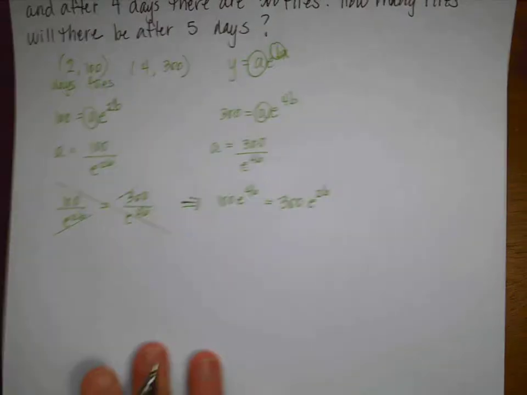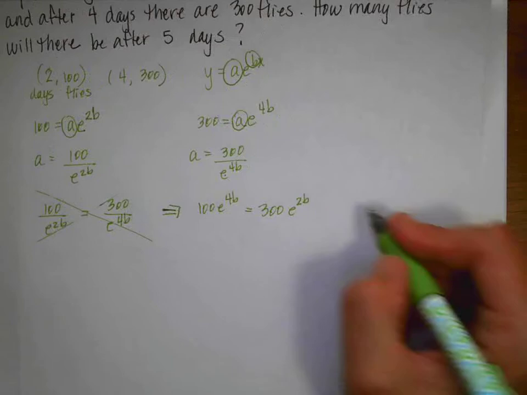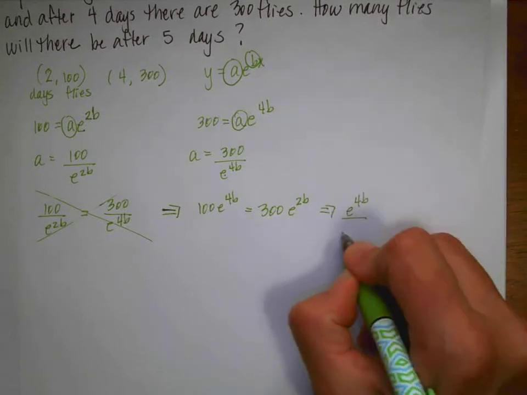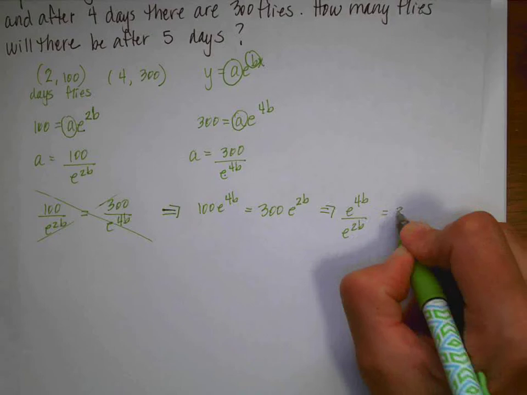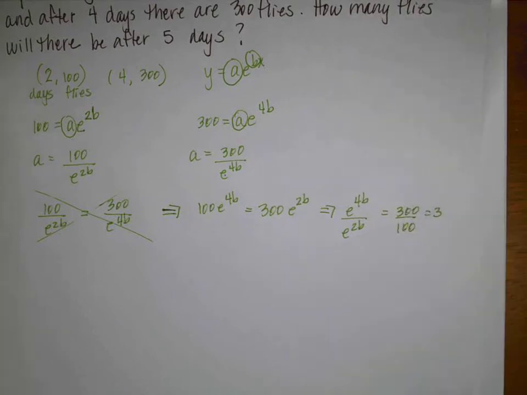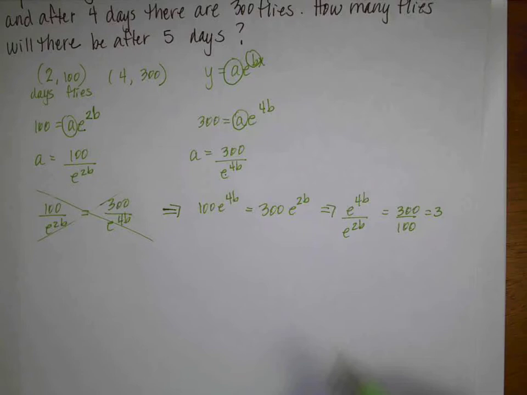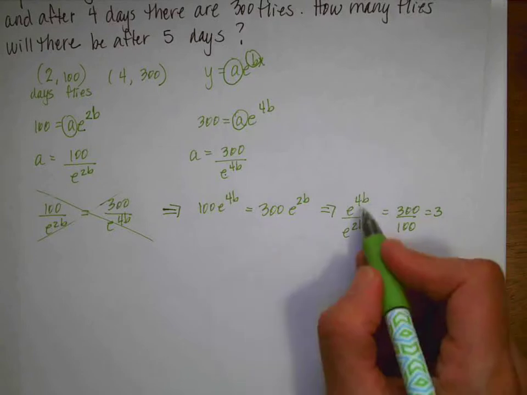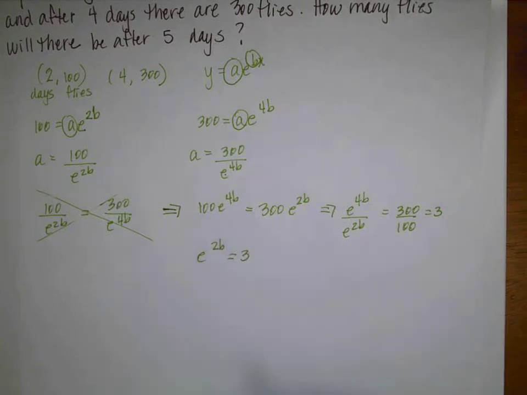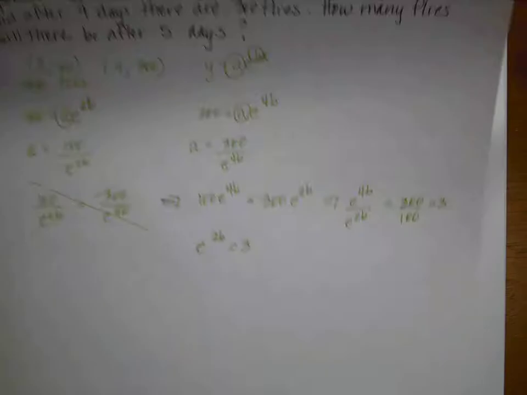I need like things to play together, so I'm going to do some division. So I'm going to have e^(4b) divided by e^(2b) is equal to 300 divided by 100, and I'm going to write a 3. Okay, now I can reduce this. 4 minus 2 is 2, so I get e^(2b) is equal to 3.